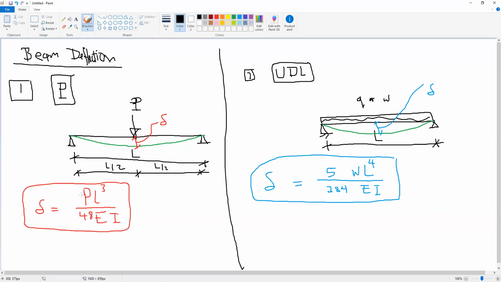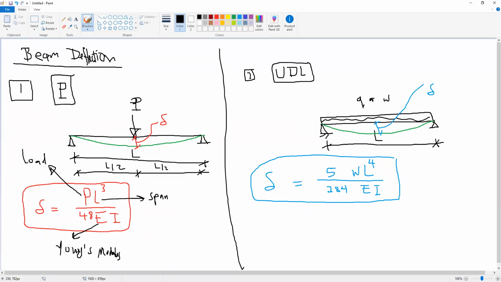As we know before, P is the applied load. L is the span of the beam. E is the material property of the beam, which is Young's modulus, because this beam may be made from steel, aluminium, wood, anything.